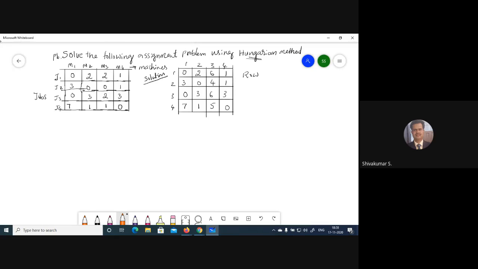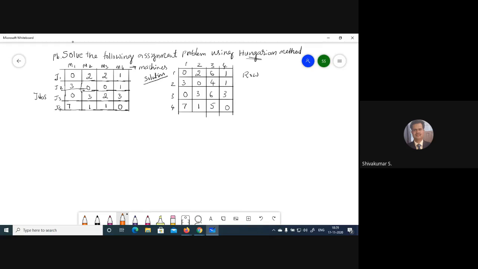number of lines such that the number of lines should be less than the number of rows or columns. You have to draw lines to cover all the zeros, and when you draw a line, you should cover the maximum number of zeros.